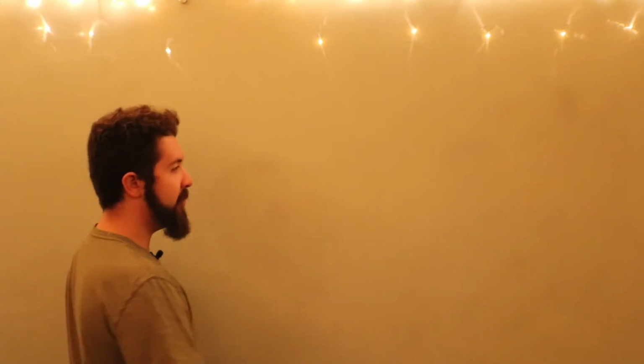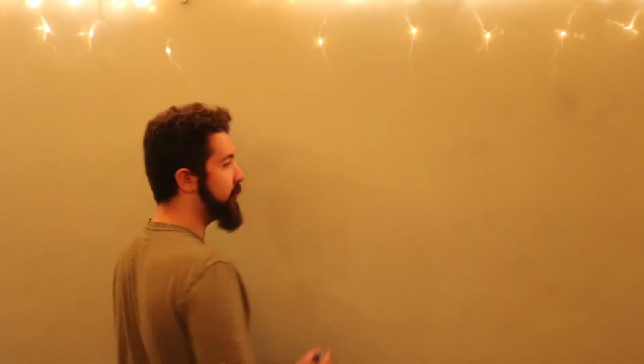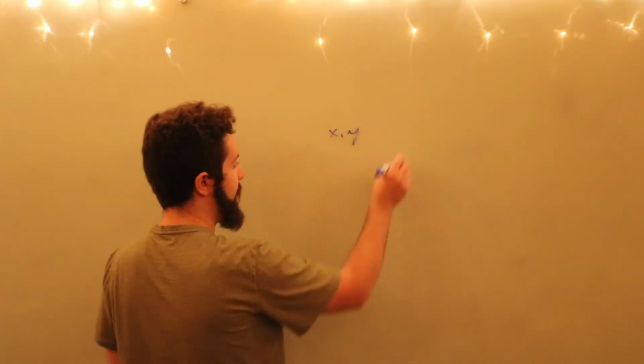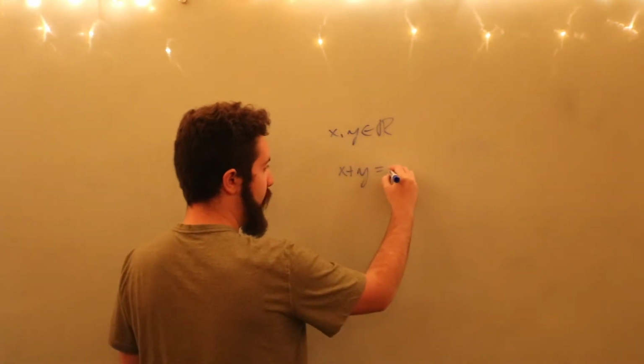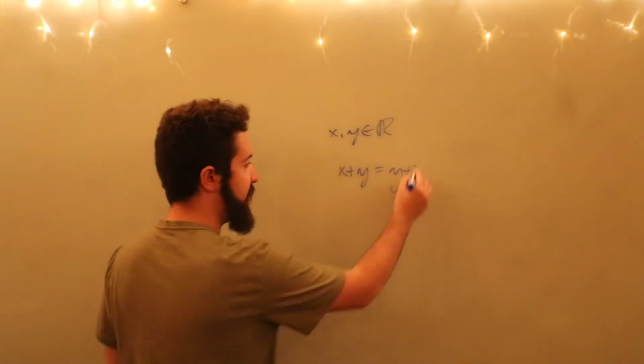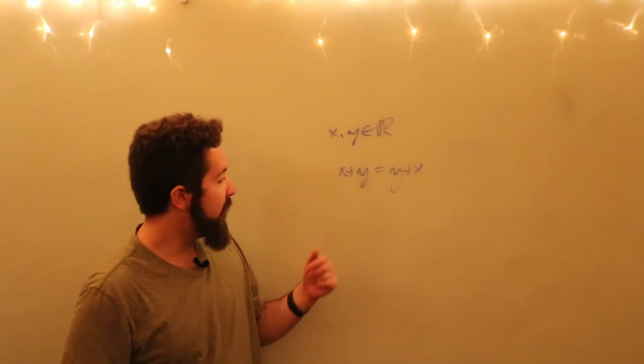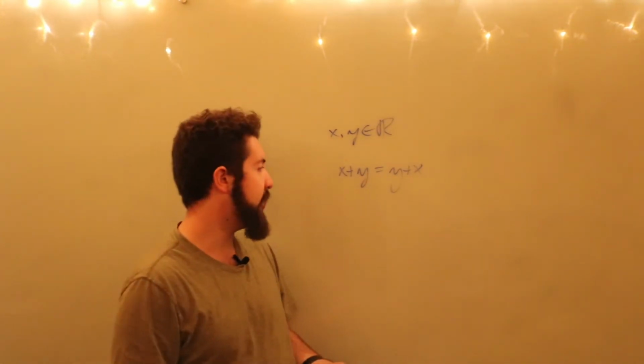Now, another motivation we have is that we notice that various number systems have a lot of the same common properties. What do I mean by that? I mean that if we have two real numbers, x and y, then x plus y is equal to y plus x. Now, this isn't anything particularly special, you're thinking, but this is not true for all objects, right?